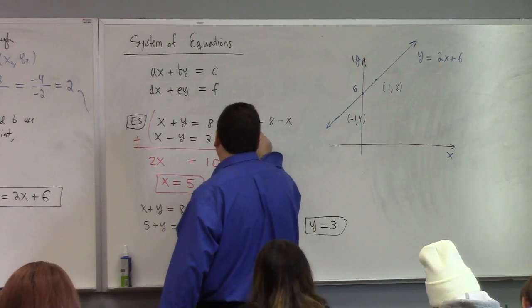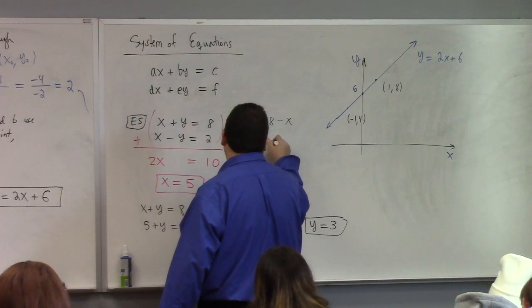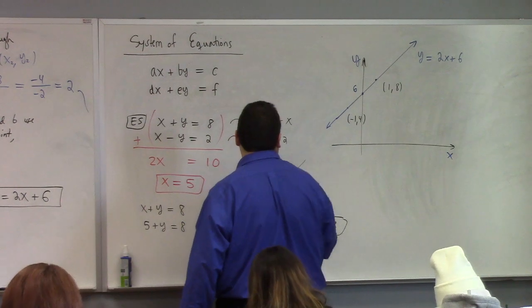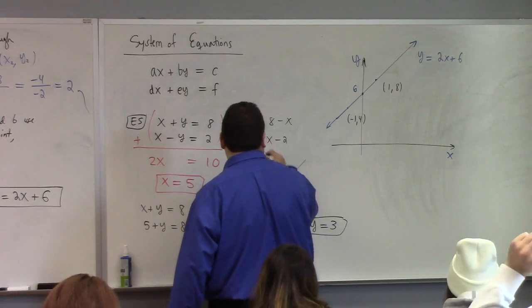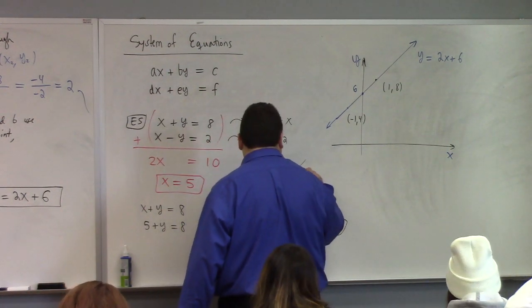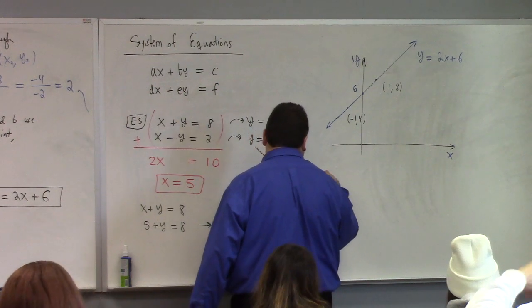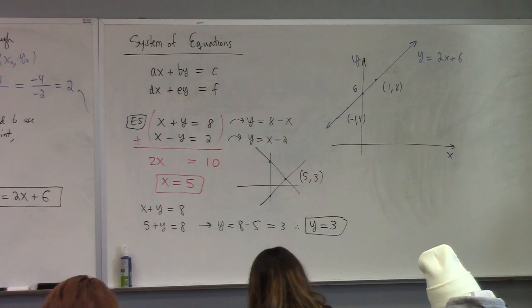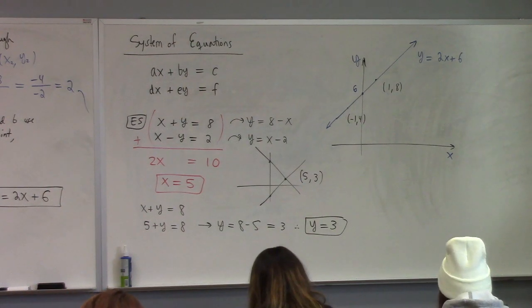The second equation is y equals x minus 2. You graph those. One's intercept is minus 2. The other's intercept is 8. It's got slope minus 1. The point where they intersect is 5, 3. That's what's going on. Two lines with different slopes intersect at one point. The point where they intersect corresponds to the solution to this system.